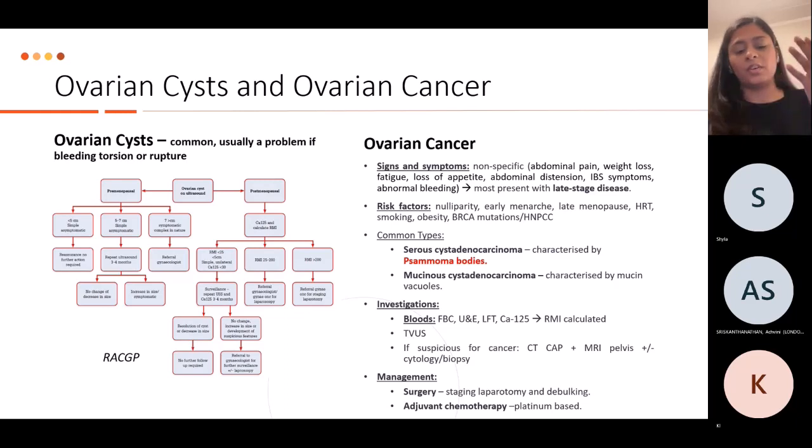Your investigations are, as you would expect, bloods, including a CA125 so you can work out your risk of malignancy index, as well as transvaginal ultrasound. Then you'd want to talk about staging and looking at things in more detail, so you do a CT and an MRI, plus or minus biopsy.